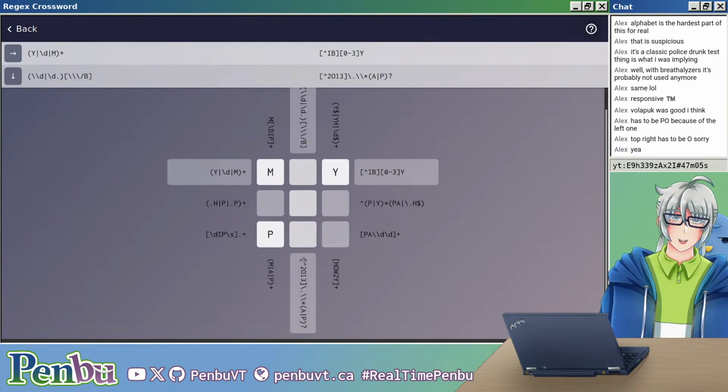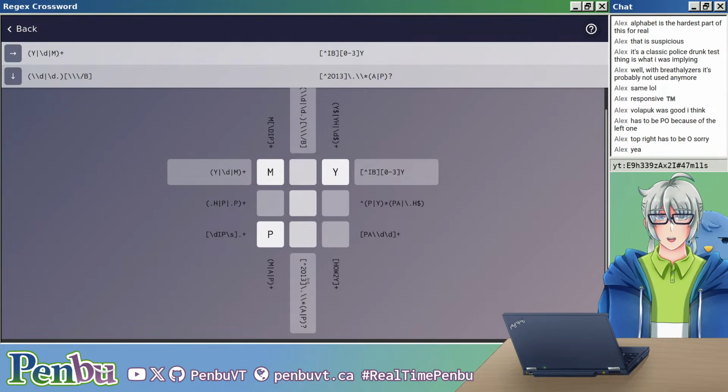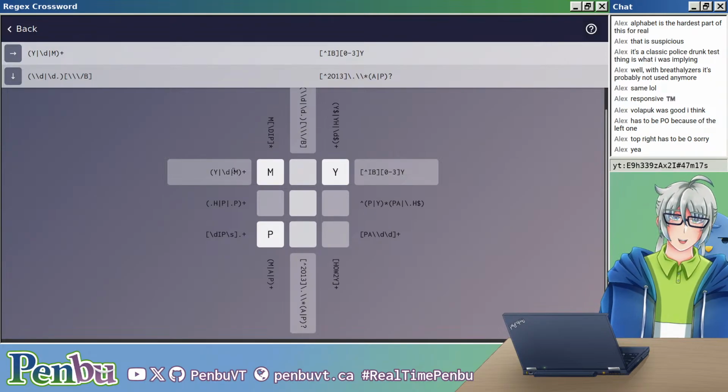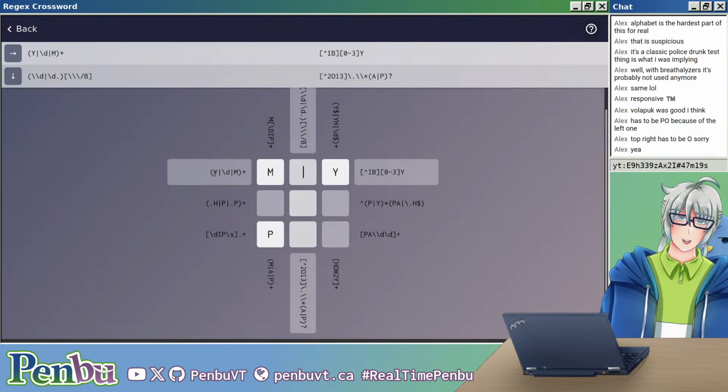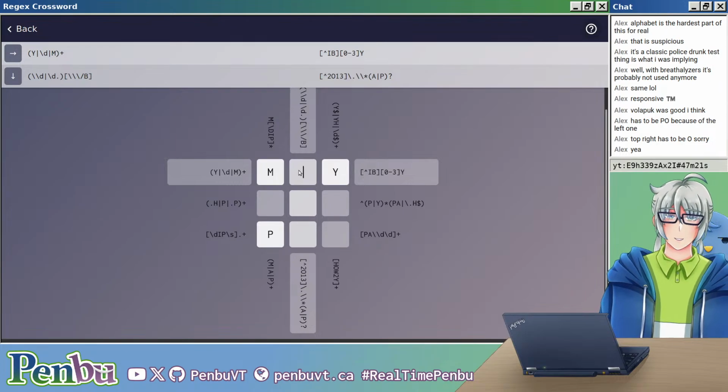So, the start is not a 2, an O, I, or 1, or 3. Which is fine, because this is either Y, M, or anything that isn't a 2, 1, or 3. And then up here we have, is that even right?